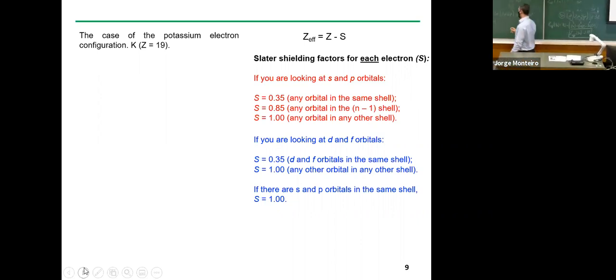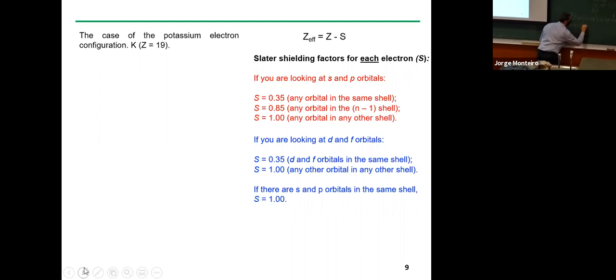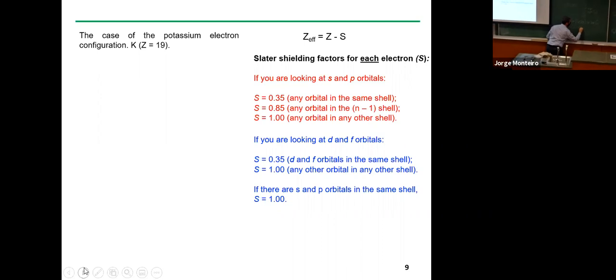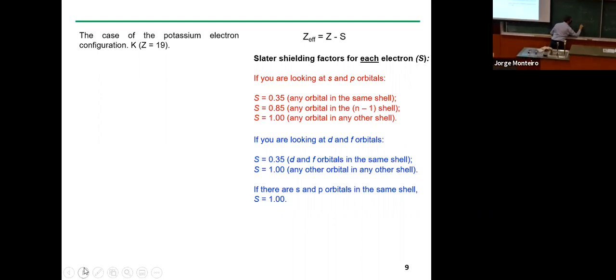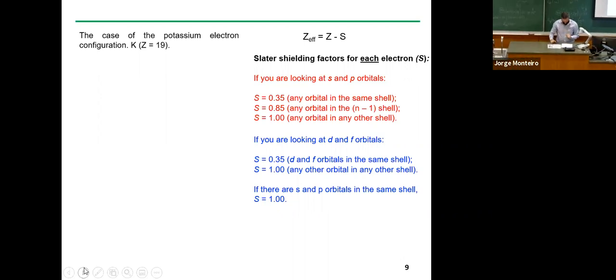Okay? So therefore, 2 times 1 plus 8 times 1 plus 8 times 1. That will give us a Z effective of, according to my numbers, 1.0.